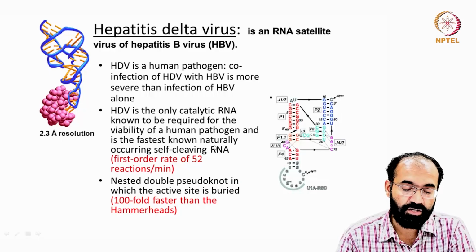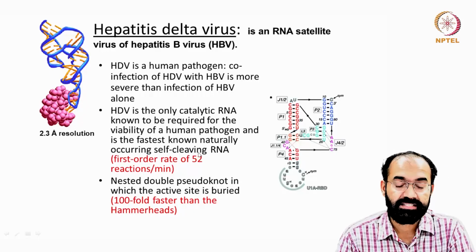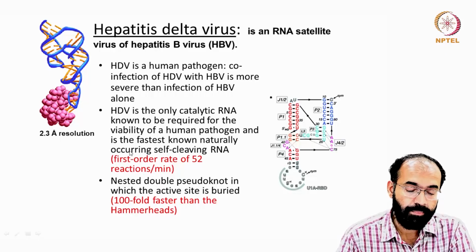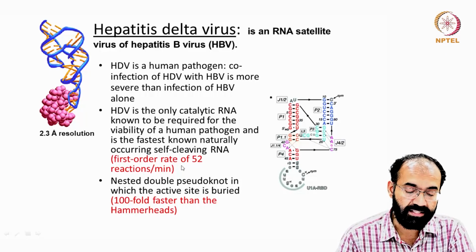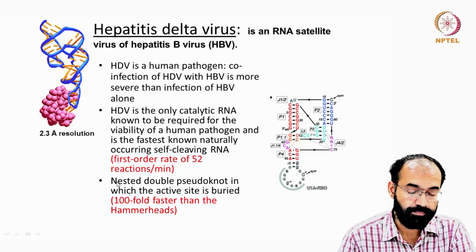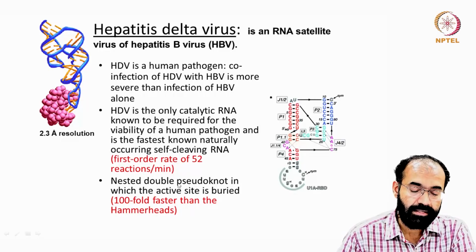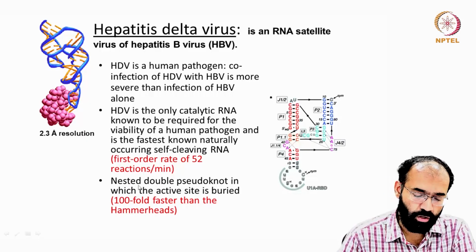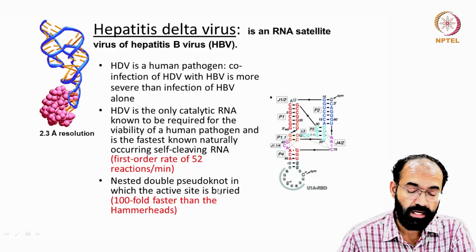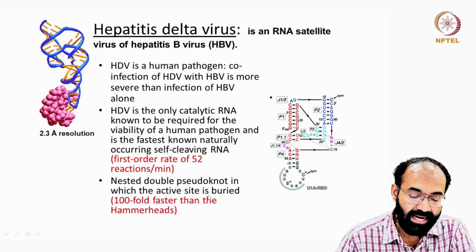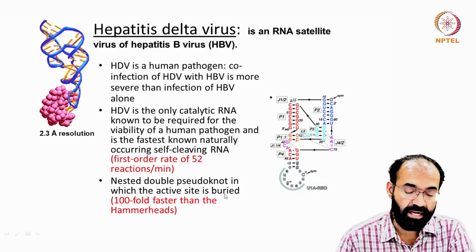It is the fastest known naturally occurring self-cleaving RNA, and its rate is around 52 reactions per minute. It's one of the fastest replication rates. It follows a nested double pseudoknot structure for the breaking of the nucleic acid, in which the reactive site remains buried.